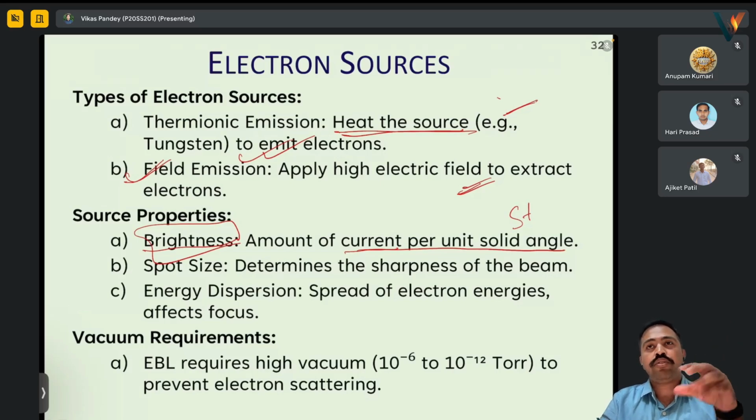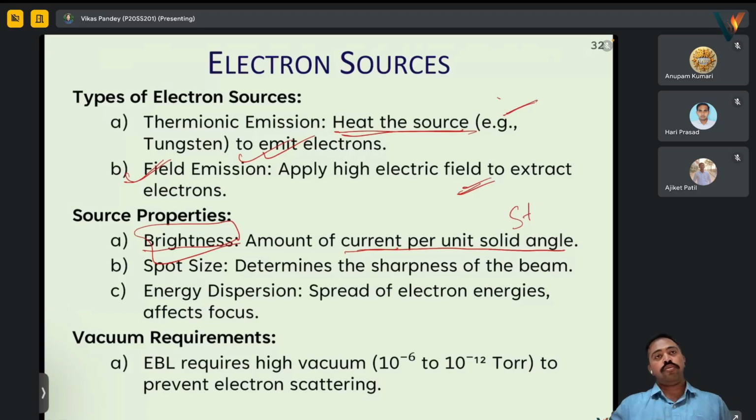It should not be dispersing in all directions so that we have to put a lot of optics to deal with this diffraction. Then there is the spread of electron energy, because it again affects the focus. We want the electron energy to be almost in the same range, say 20, 21, 19, 18, like that.